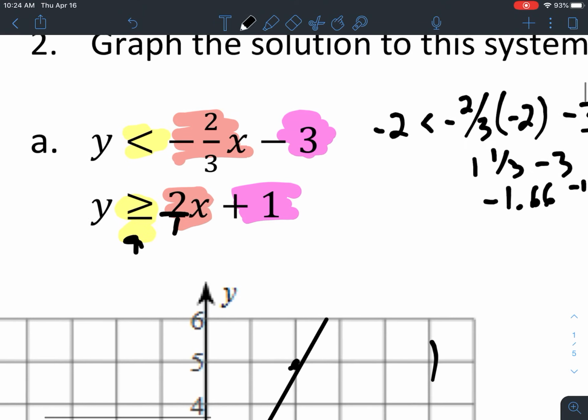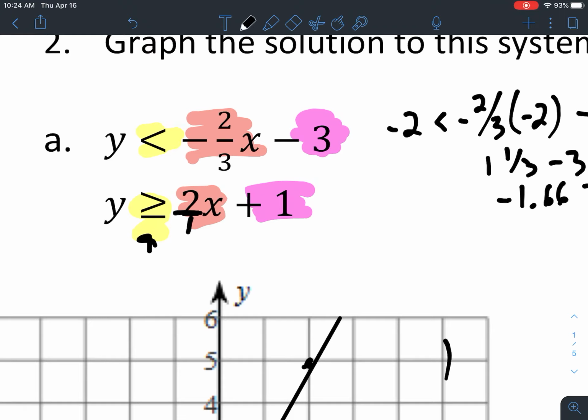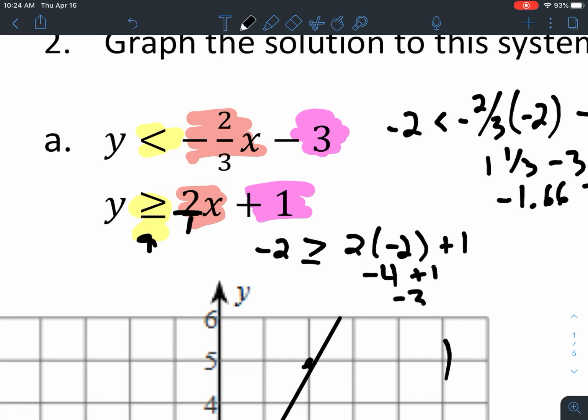So let's try it on number 2. Okay, part 2 here. So we said y is greater than or equal to 2 times negative 2 plus 1. 2 times negative 2 is negative 4. Plus 1 gives us negative 3, which is less than or equal to negative 2, which works.